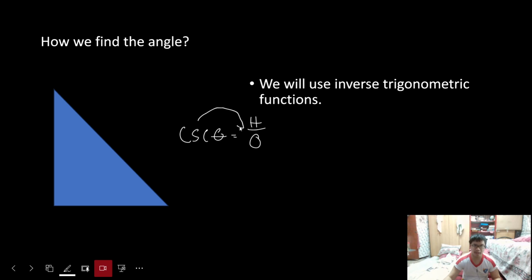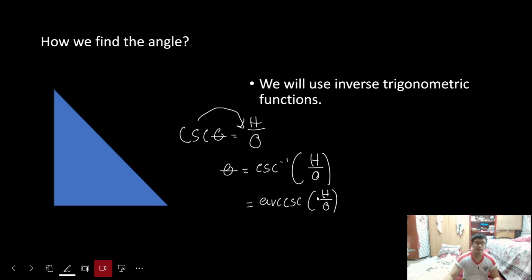Put the word cosecant here, so we will have theta is equal to arc cosecant of h all over O. You can still rewrite this as arc, then cosecant, then h all over O. But if you have your own scientific calculator, which we're going to use later, the calculator only gives three inverse trigonometric functions.